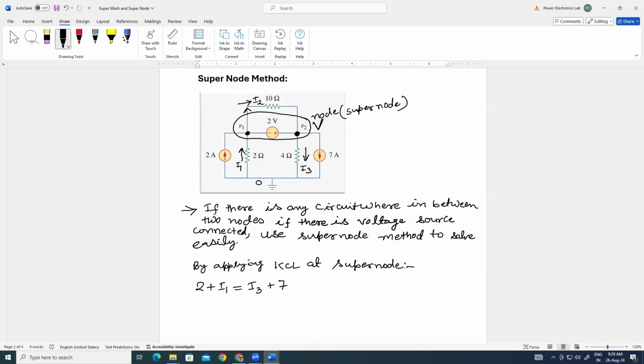Just like if you see, this is a node and the situation is like this. This is the super node. Node voltage you have assumed V. 10 ohm is connected. This is I2. So it is a loop itself.